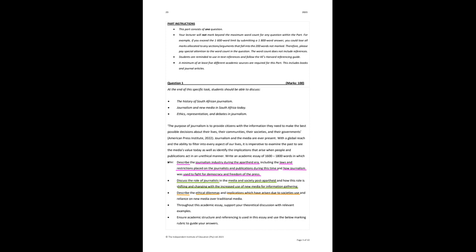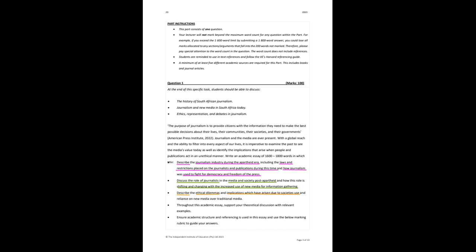So when we're looking at this question, again we're looking at more of the negatives that arise because of our reliance on social media and digital media. Remember, when we talk about new media, we're looking at social media, websites, blogs, everything.